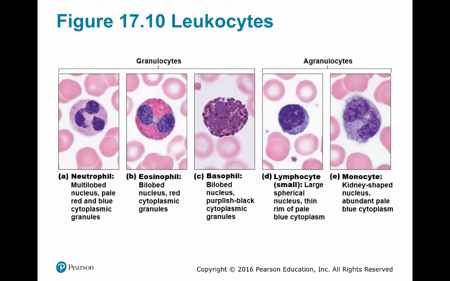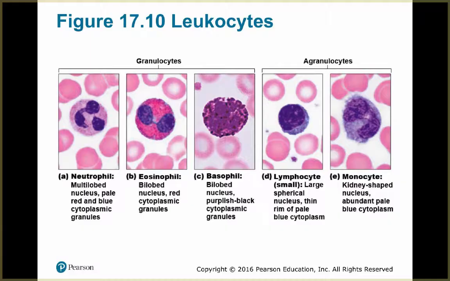If we look at this picture here, you get a good idea of the two. The granulocytes are the ones that, when we stain them, contain visible cytoplasmic granules. You can see the little dots in there, and they're different colors based on the dyes that we use.